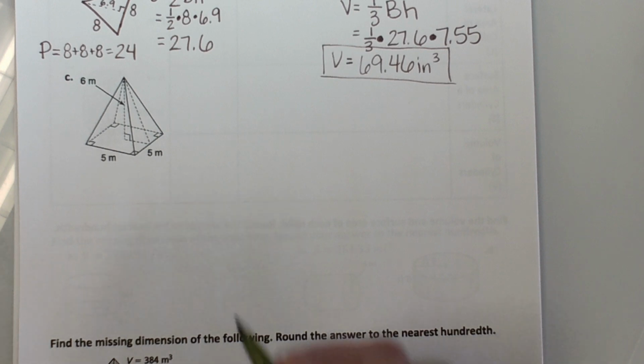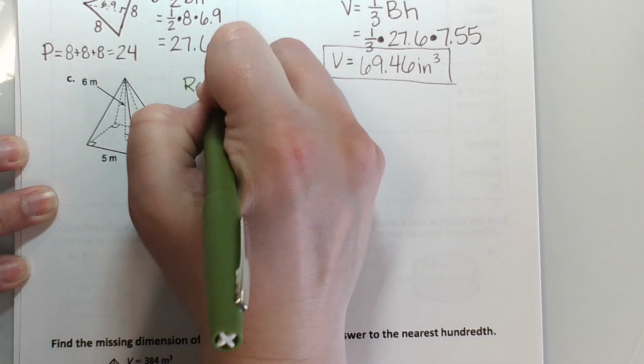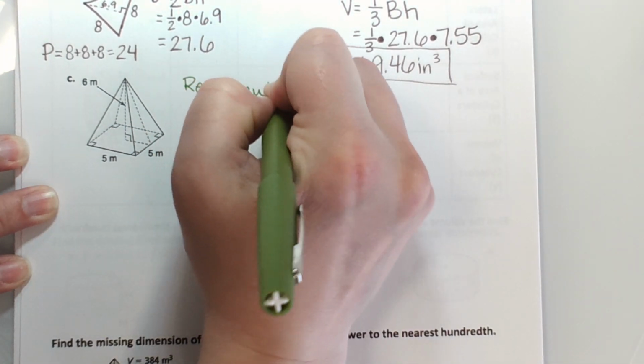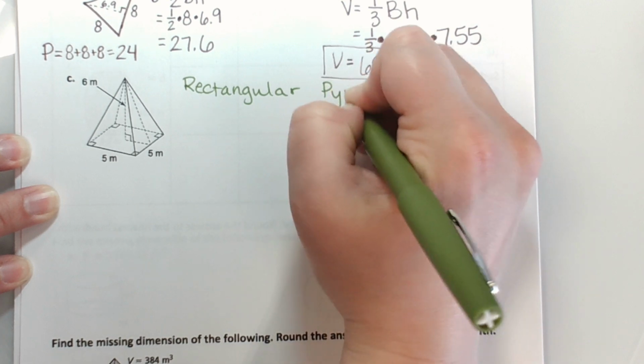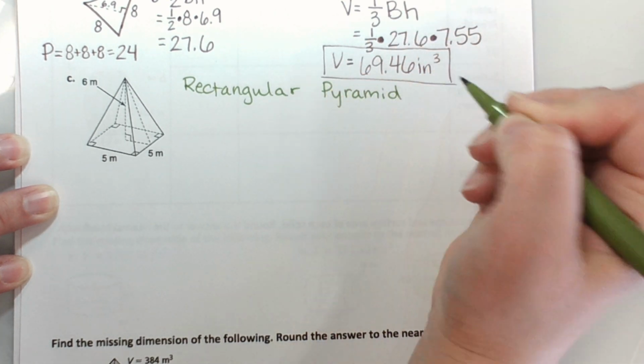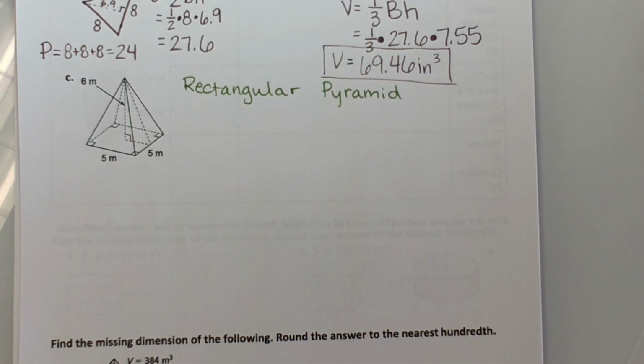Rectangular pyramid. Is there another name we could have called it? Square pyramid. Technically both are appropriate. I generally stick with rectangular pyramid.